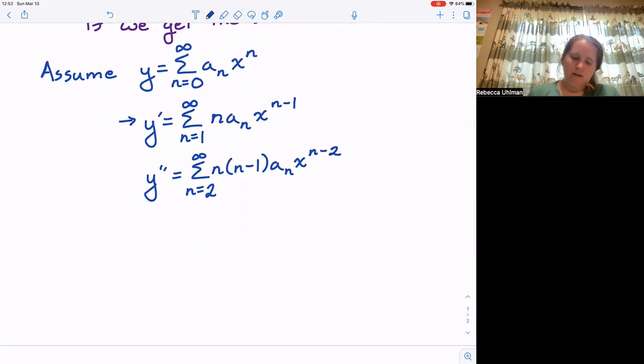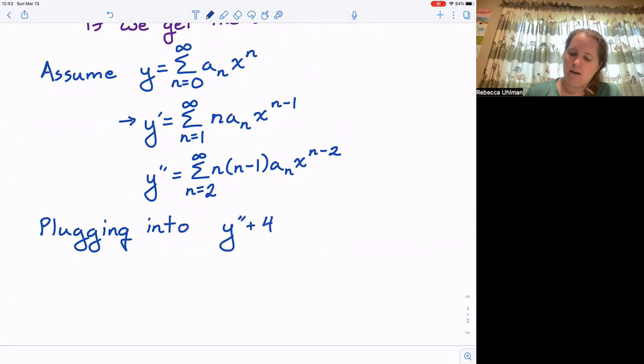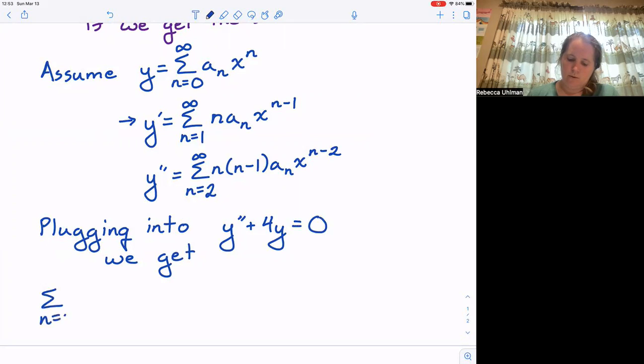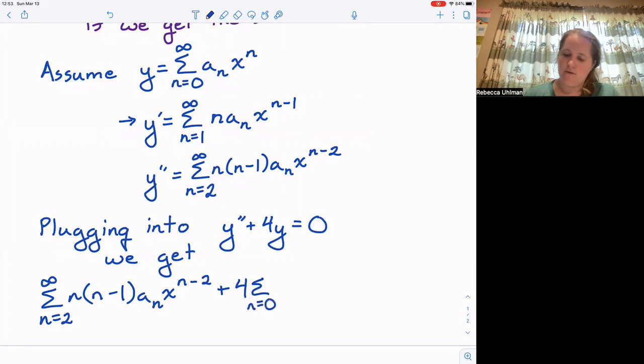From here, we can go ahead and plug into y double prime plus 4y equals 0. We get the sum from n equals 2 to infinity of n times n minus 1 times a sub n times x to the n minus 2 plus 4 times the sum from n equals 0 to infinity of a sub n x to the n, and this should add up to equal 0.